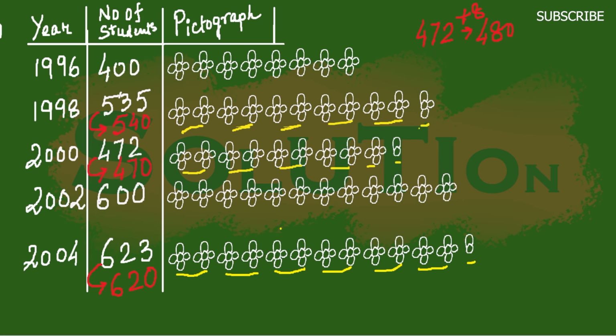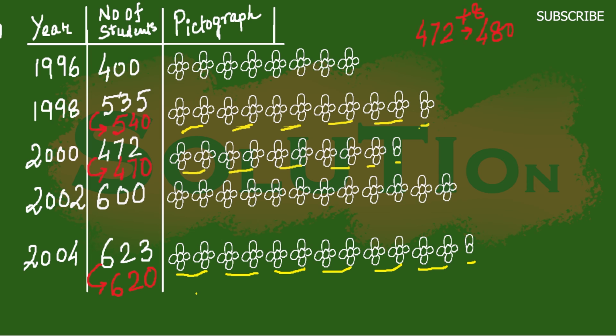Definitely you can see that in this type of arrangement, in this graph where I have taken the symbol to represent 50, it is much more convenient, and it is giving me accurate data.